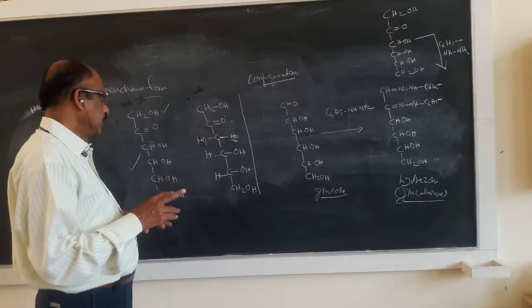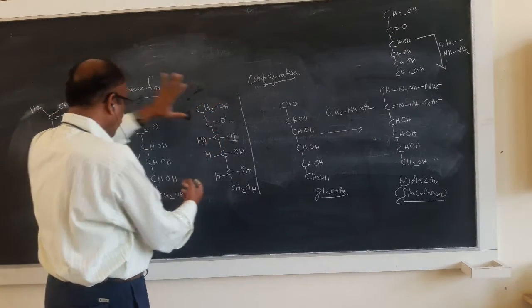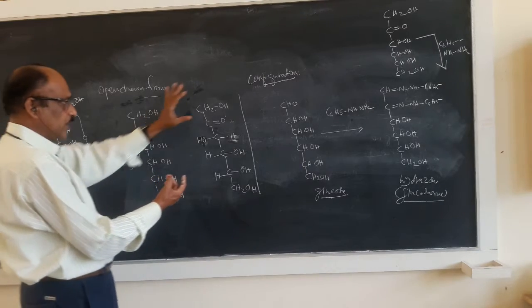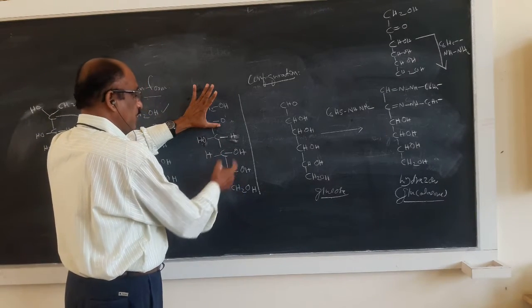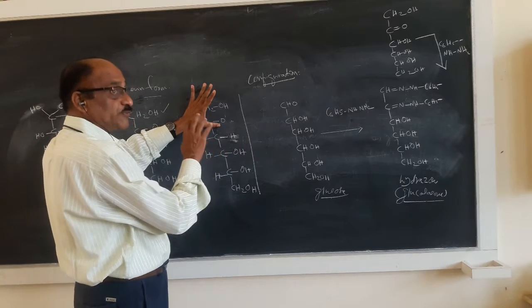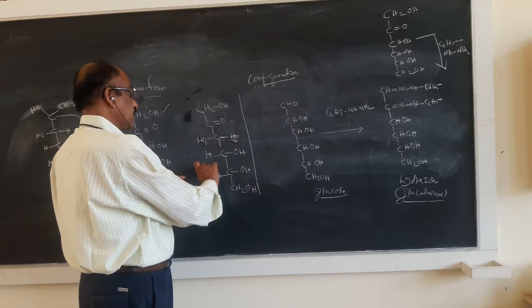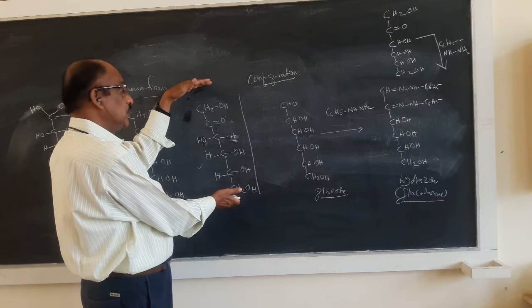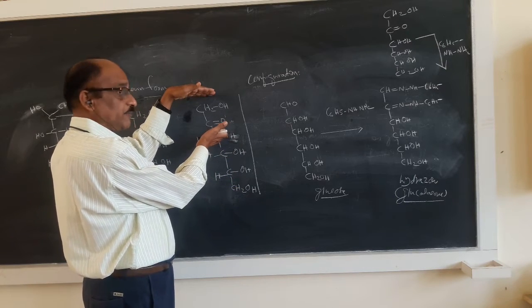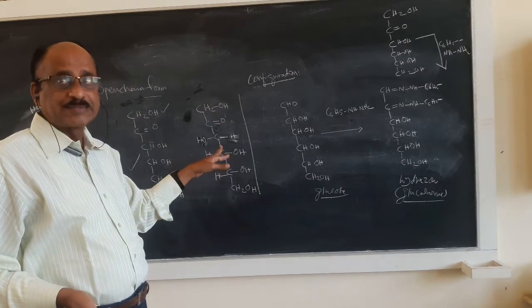So that is why you have to take the lower part of the glucose molecule and the lower part of the fructose molecule, that is 4 carbon atoms, 1, 2, 3, 4. For these 4 carbons, the configuration of glucose and fructose would be the same. Therefore, you can write the configuration of fructose similar to glucose, except for the top end of the molecule and the carbonyl group. Carbonyl group means the ketonic group.